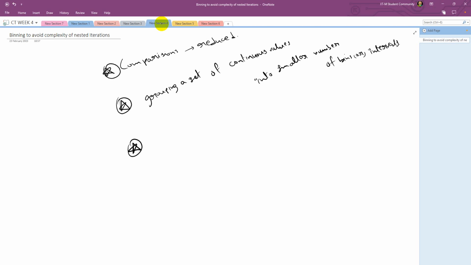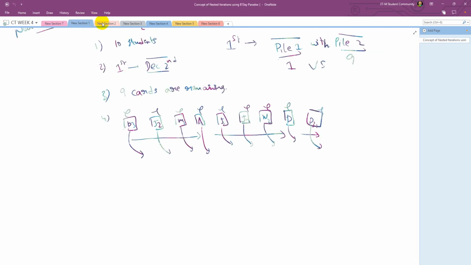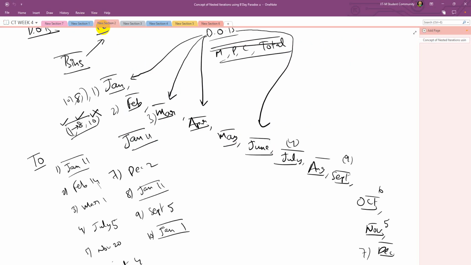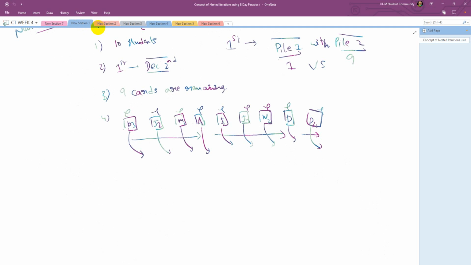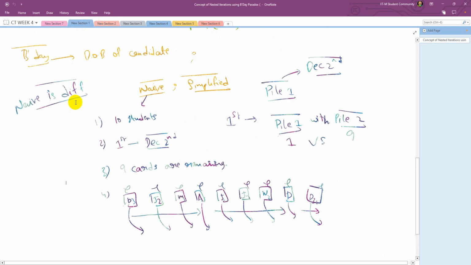And the third thing is binning to avoid complexity of nested iteration. Whenever we are having nested iteration, we can reduce the computational time. That is what I said using the naive approach.